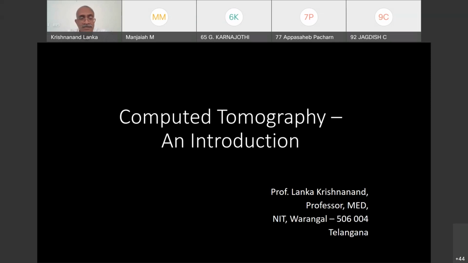Fortunately, I have not reached that stage, but when you go for total hip replacement, with this computer CT scan, computed tomography, you can customize a hip replacement to exactly suit your body dimensions.